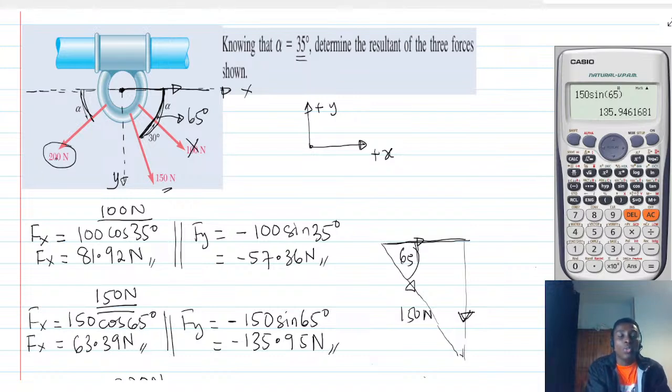Now, if I want to find the x component and the y component, the x component is going to come this way, and then the y component is going to come downwards.